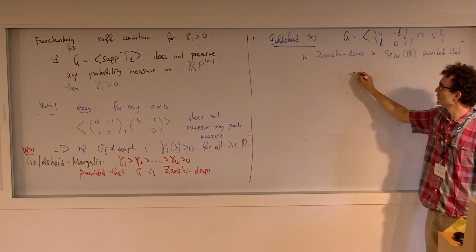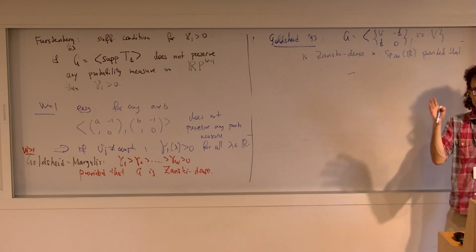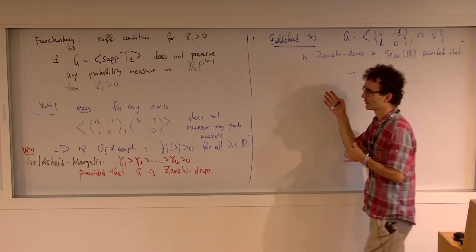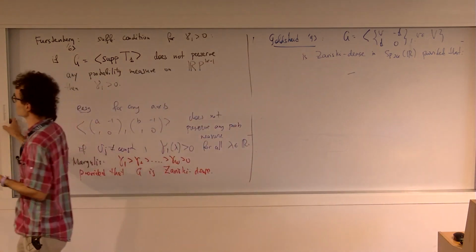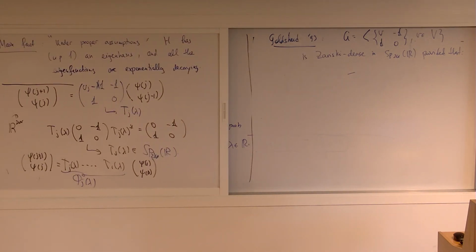One trivial case is when all these matrices have a joint invariant subspace. Then this operator has a deterministic invariant subspace.